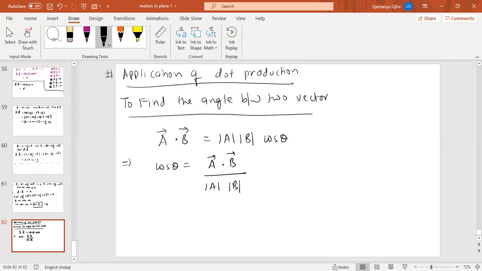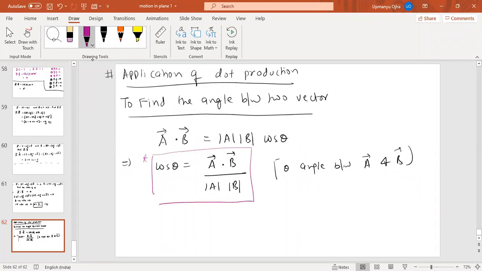Theta is the angle between A and B. So if I can find cos theta, can I find the value of theta, the angle between the two vectors? Yes or no? That is how we can find the angle: cos theta must be equal to A dot B divided by mod of A mod of B.